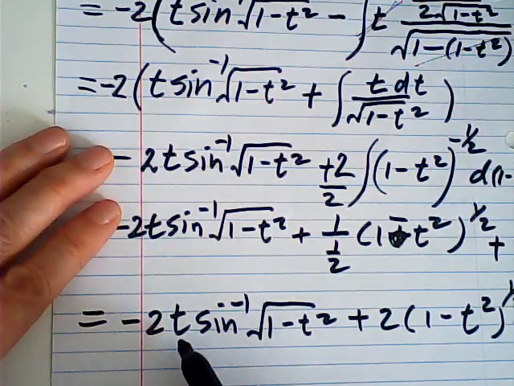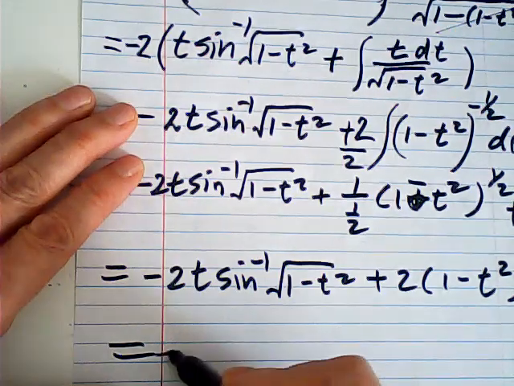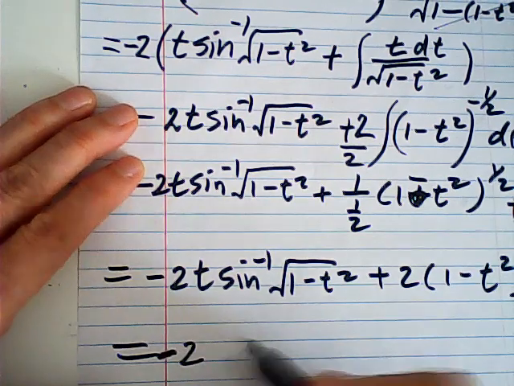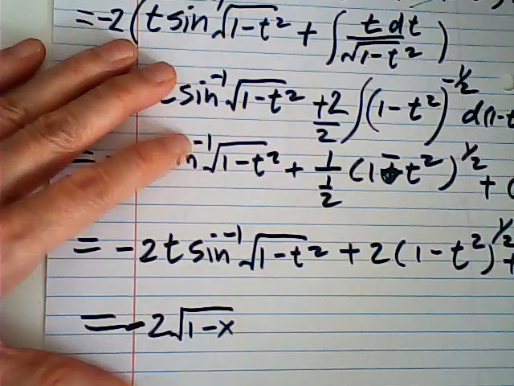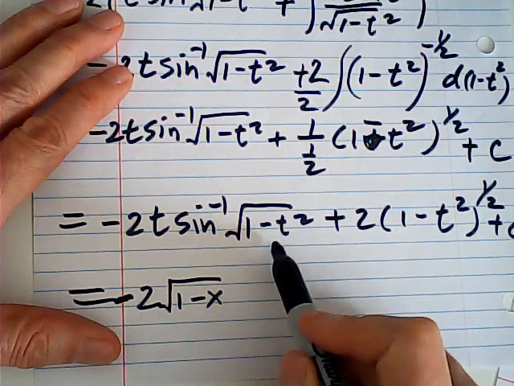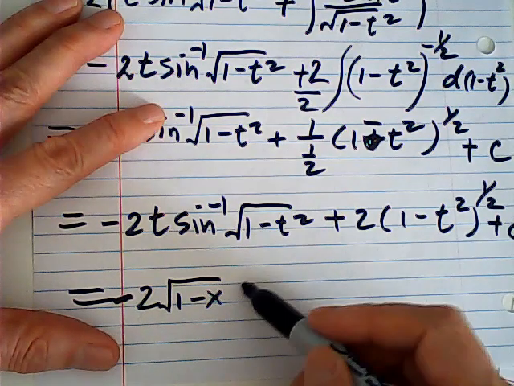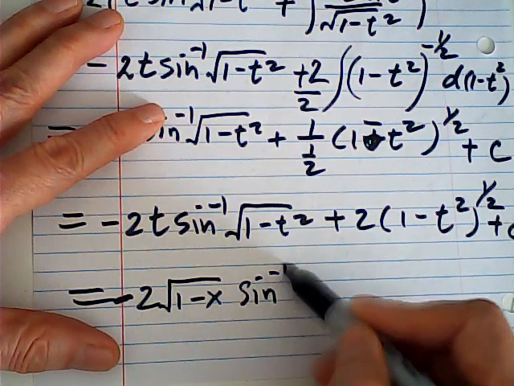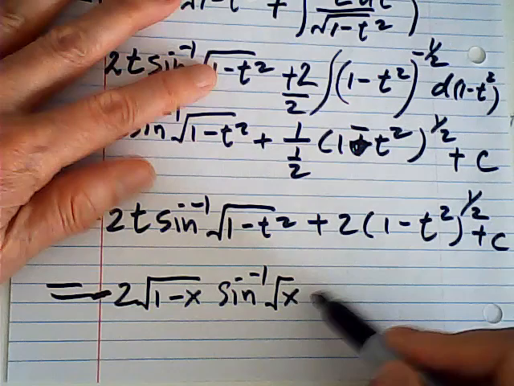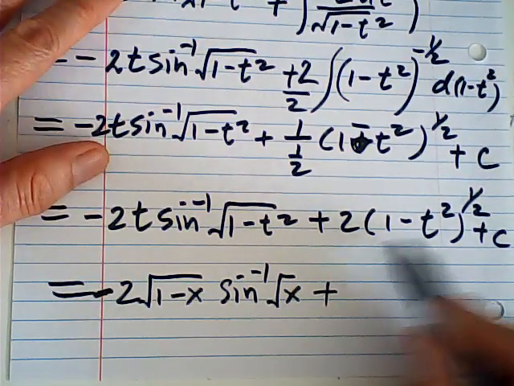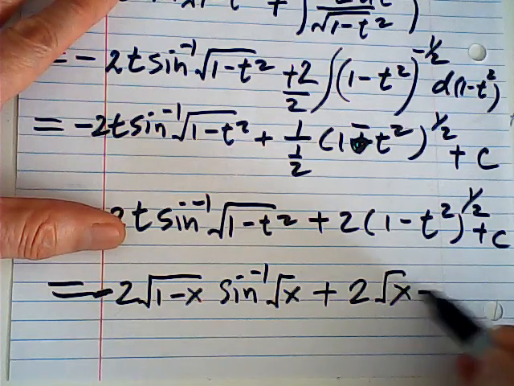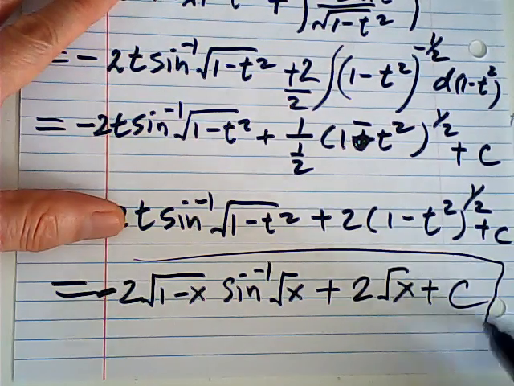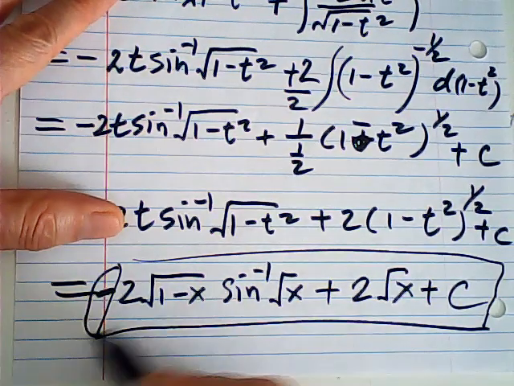So this t is the square root of that one minus 2 square root of 1 minus x arcsine. This is arcsine of the square root of x, plus this is square root x. So yeah, we get the same answer, right?